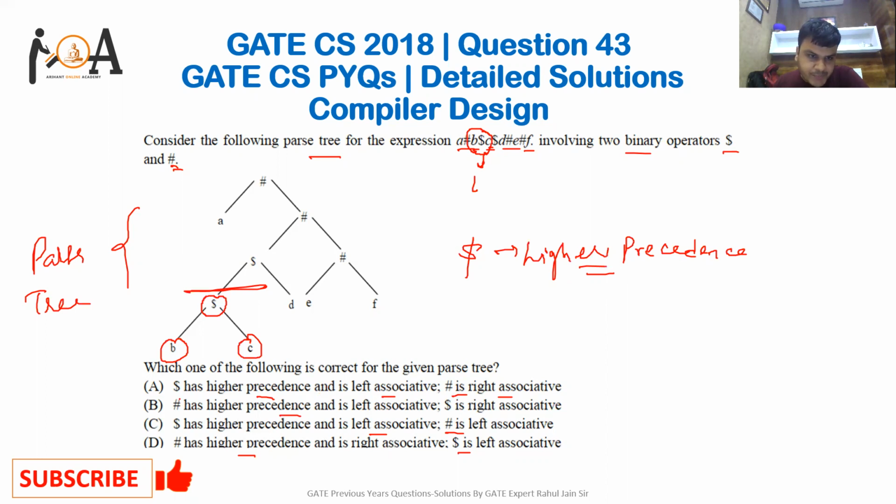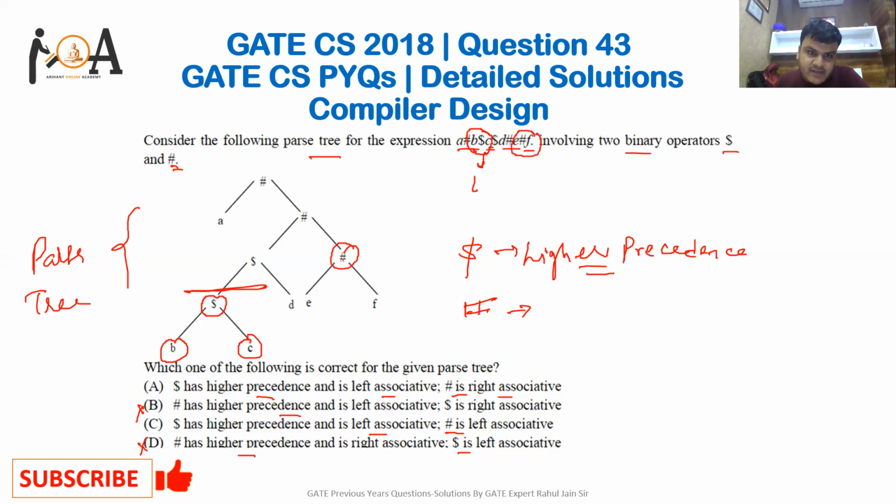So options B and D got eliminated, because what we concluded here is dollar has higher precedence and is left associative. Now we need to find the associativity of hash. If you see here, E hash F is calculated first.